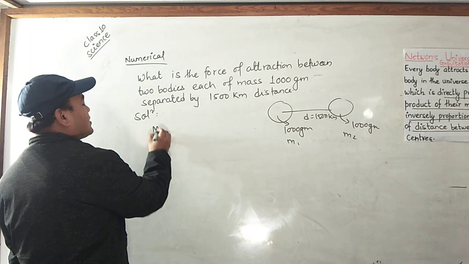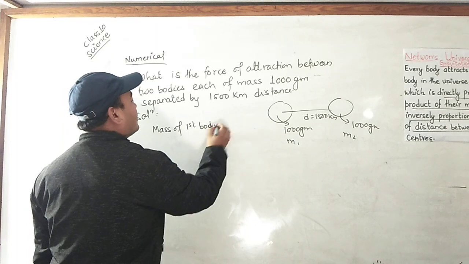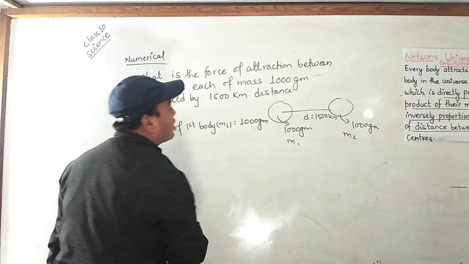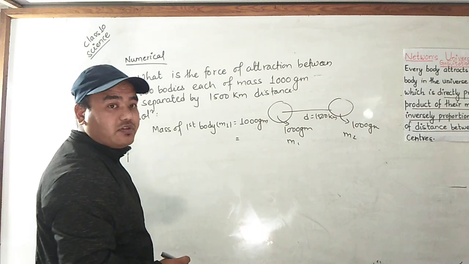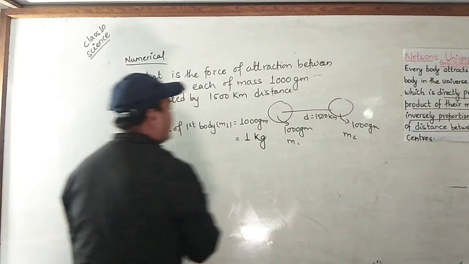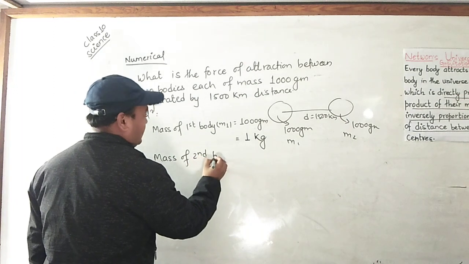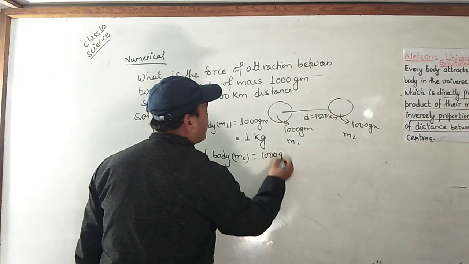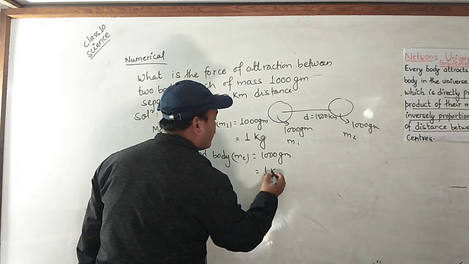Here the mass of the first body, let's suppose M1 is equal to 1000 gram, and to convert this gram into kg, we have to divide it by 1000, so it becomes 1 kg. Similarly, mass of the second body M2 is also 1000 gram, because both have the same mass, so M2 is also 1 kg.